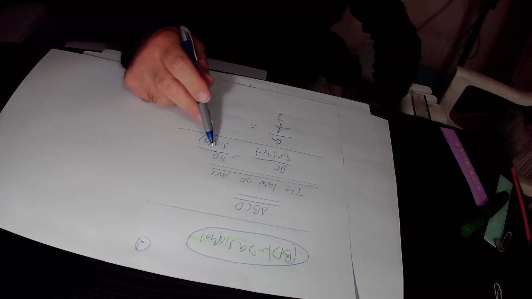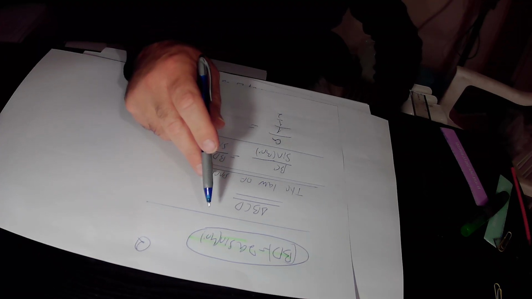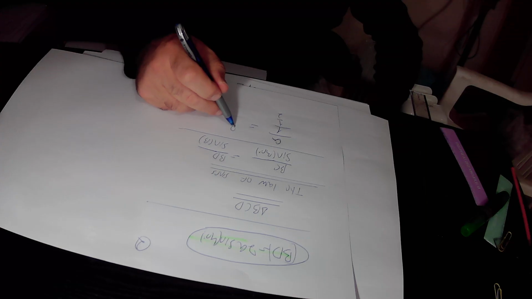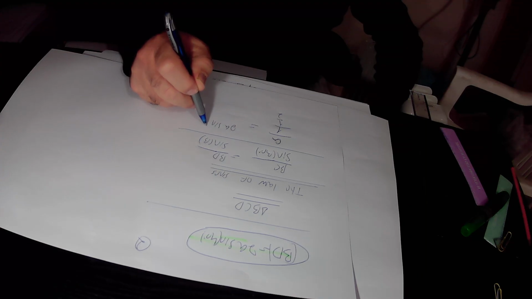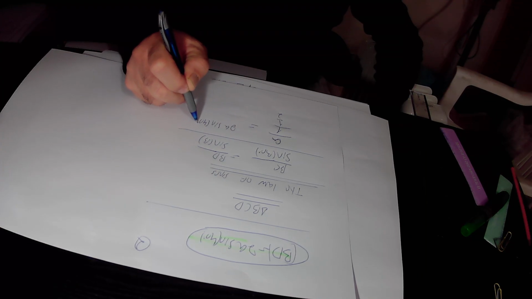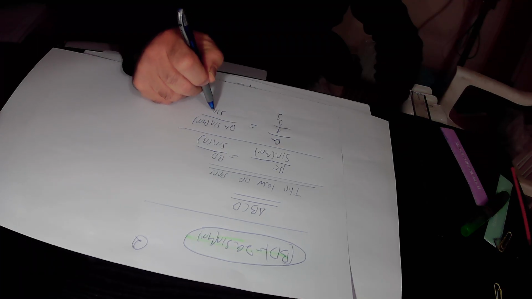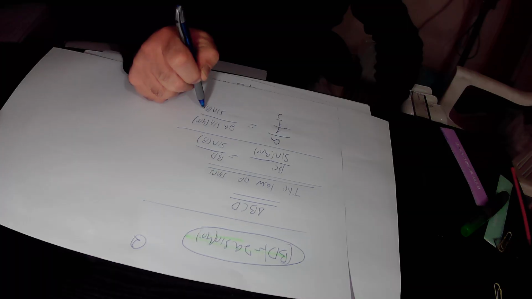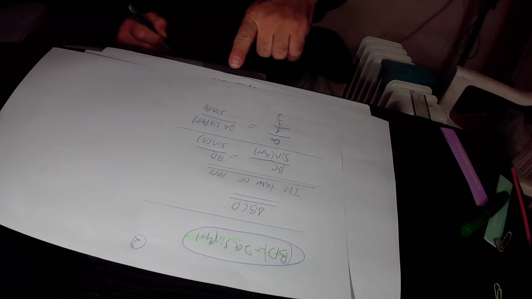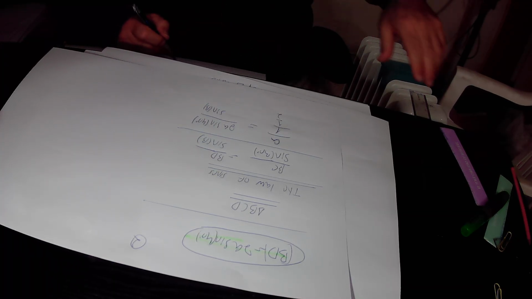We just found out that BD equals 2A times sine 40 degrees over sine beta. So A over 1/2 equals 2A sine 40 degrees over sine beta.